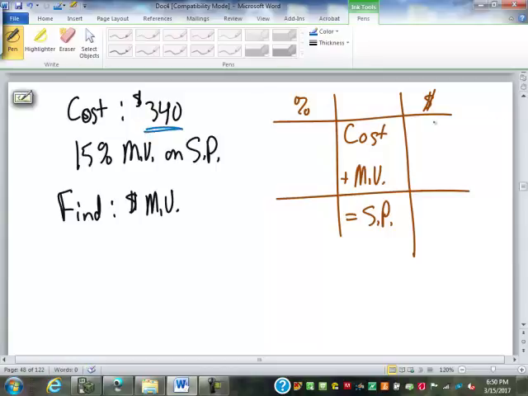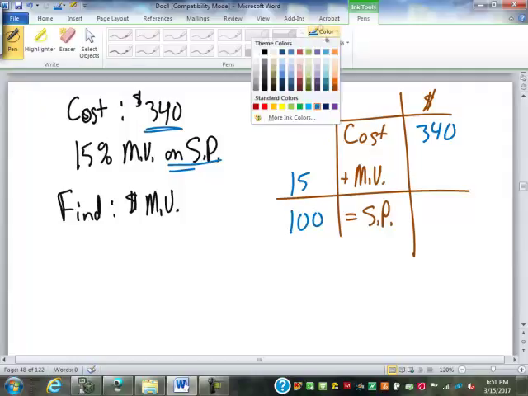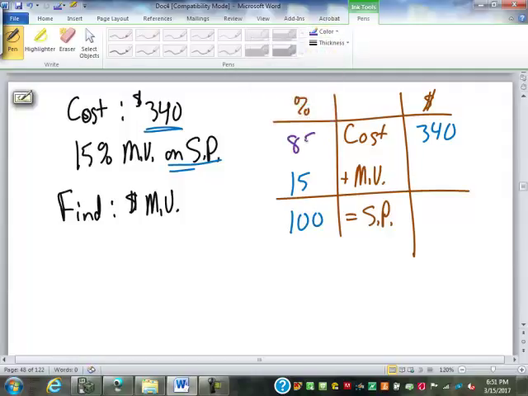So we have the $340 goes in the dollar amount of the cost. 15% is the markup. That goes on the percent side of the markup. What else do we have? Okay, yeah, 100 goes to the selling price. So yeah, the 85 would be on the cost. Yes. You're half a step ahead of us there.